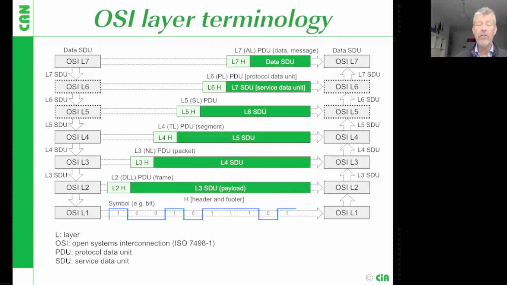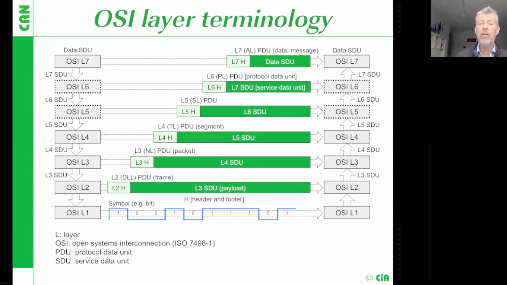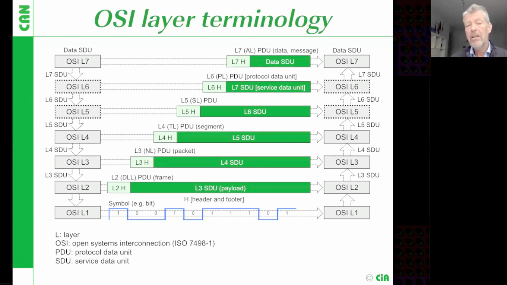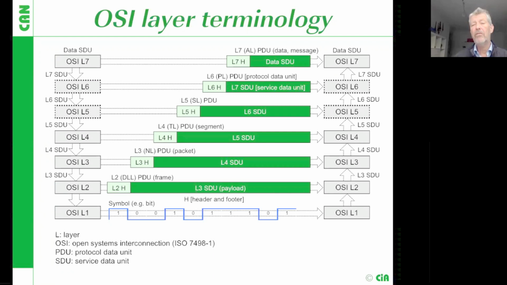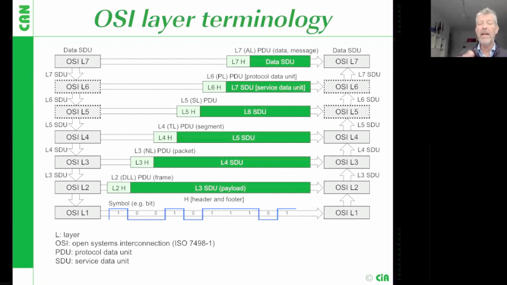The header and footer contain bits and bytes which are in the responsibility of each layer. CiA will support that, and it is already in some of the CAN ISO documents where you see this, but it's not strictly done, and we will try to do this more strictly in the future. So you will see that I'm using this kind of terminology.